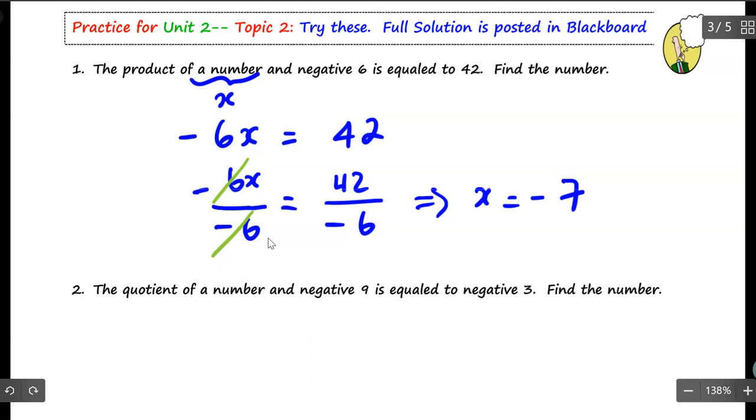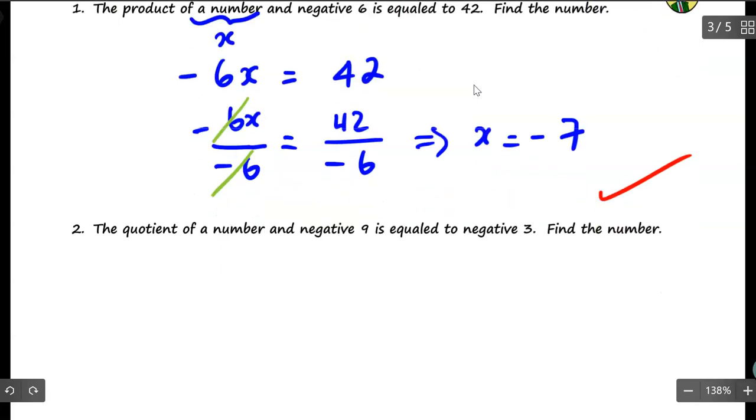Okay, so let's double check here. If you take negative 7, you multiply by 6, what do you get? Okay, so in this case, you don't multiply by 6, you multiply by negative 6. Okay, so negative 7 multiplied by negative 6, you get positive 42. So it's quite true. Alright.